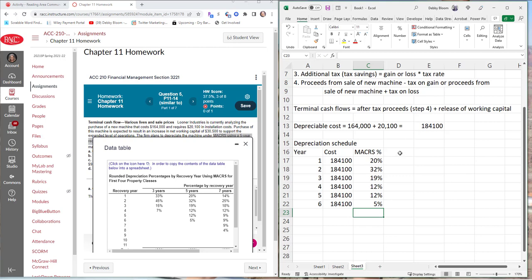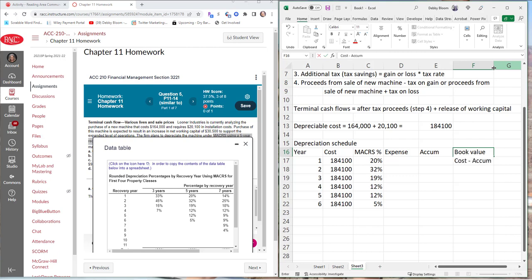So the next thing that we do is we multiply the cost by the MACRS percentage to calculate the annual expense. The annual expense each year adds to calculate the accumulated. And the last thing that we're going to calculate is our book value, which is simply our cost minus the accumulated depreciation.